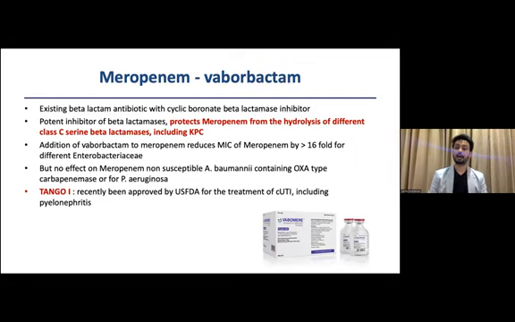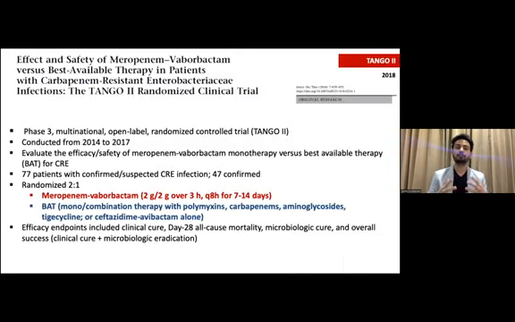The next drug we have, which again has very good efficacy against most of the MDR bugs, is the meropenem-vaborbactam combination. This combination has a significant effect because it reduces the MIC of meropenem by more than 16-fold against Enterobacteriaceae. We have a trial wherein this combination was compared with the best available treatment for carbapenem-resistant Enterobacteriaceae.